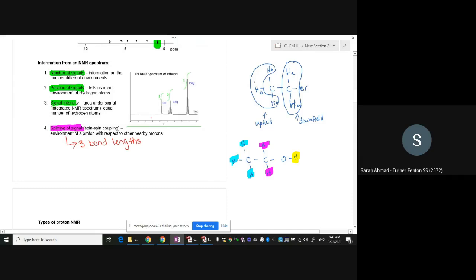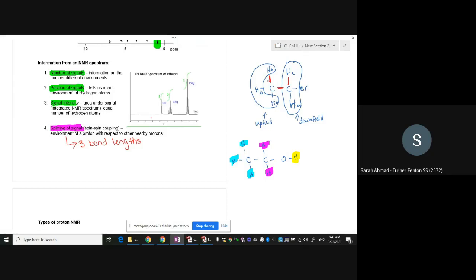So for example, when I look at my bromoethane again, these hydrogens will not be able to influence each other's magnetic fields, but they will influence the neighbors. So notice how I'm 1, 2, 3 bond lengths away. Anytime you're 3 bond lengths away, splitting can happen.